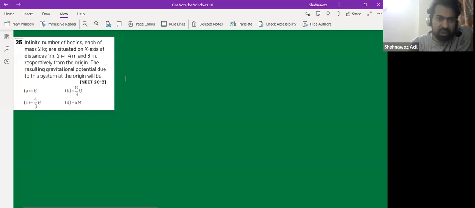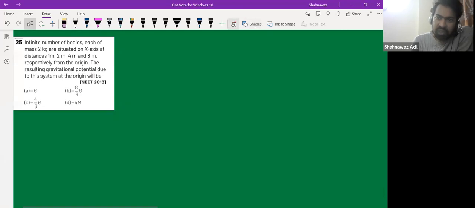The resulting gravitational potential due to this system at the origin. So we have to find out what is the gravitational potential at the origin. But what is given?